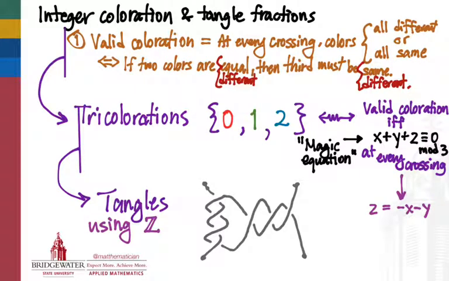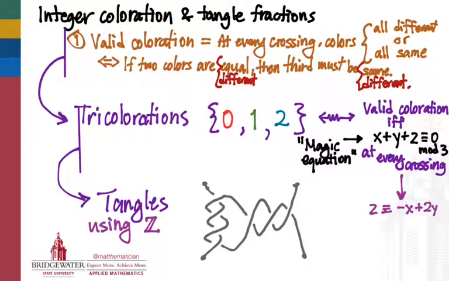And if I'm working mod 3, that means that negative 1 is the same thing as 2, right? Because both of them are just 2 more than a multiple of 3. So I can replace any one of these negative 1 coefficients with a 2 coefficient instead. And classically, in knot theory, the y ends up getting the 2, and the x ends up getting a negative 1. So this equation is still the same as the magic equation if we're working mod 3.